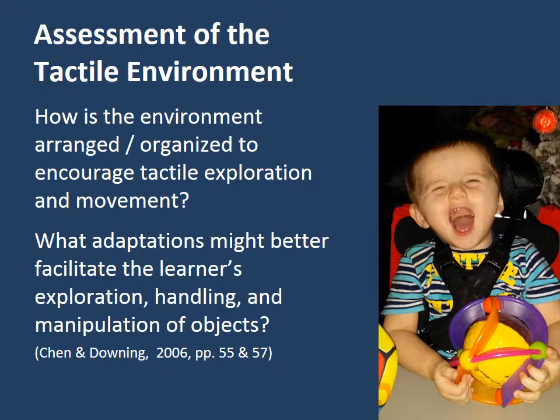Is it organized to make it accessible for kids with combined vision and hearing loss? And then depending on yes or no, the next thing you're looking at is what are those adaptations? What are the ways that you might be able to enhance the environment to make sure that they're able to explore and touch and manipulate and smell and taste all of the different things in their environment?